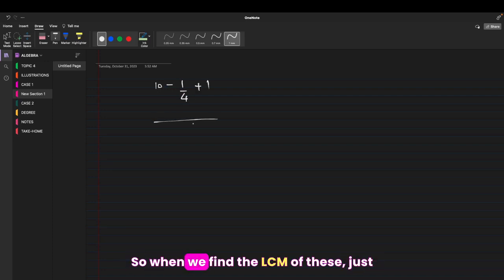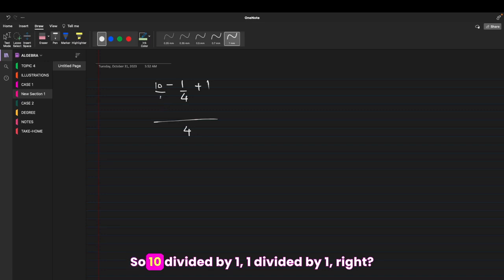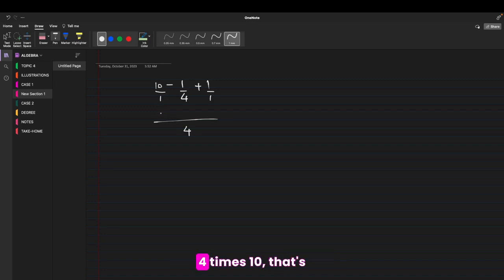So when we find the LCM of this, just so that we can add this together, 1 into 4, 1 goes into 4 4 times. 4 times 10, that's 40, minus 1 goes into 4 1 time, 1 times 1, and 1 goes into 4 4 times, 1 times 4 is 4.